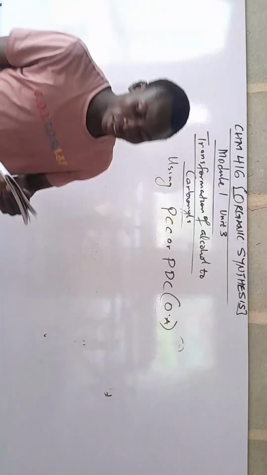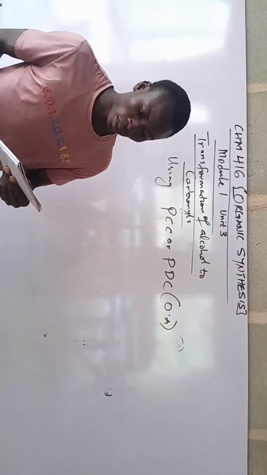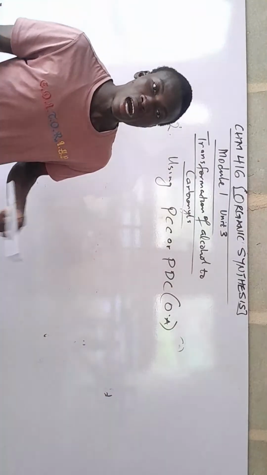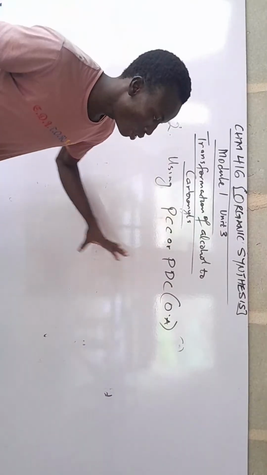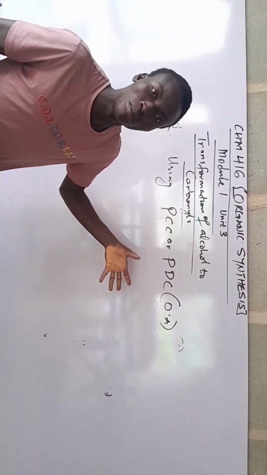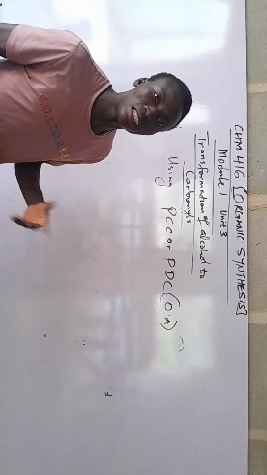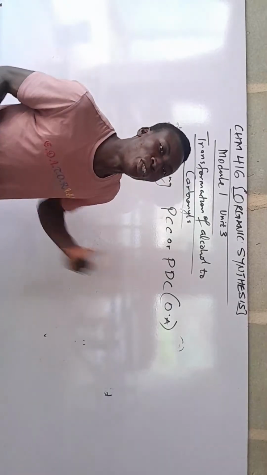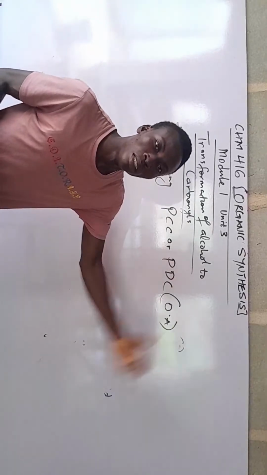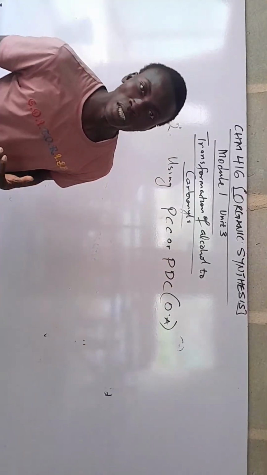It allows the oxidation to stop at the intermediate aldehyde, so there is no further reaction. One of the disadvantages of some oxidative agents is that after producing the aldehyde, they proceed to the formation of carboxylic acid.